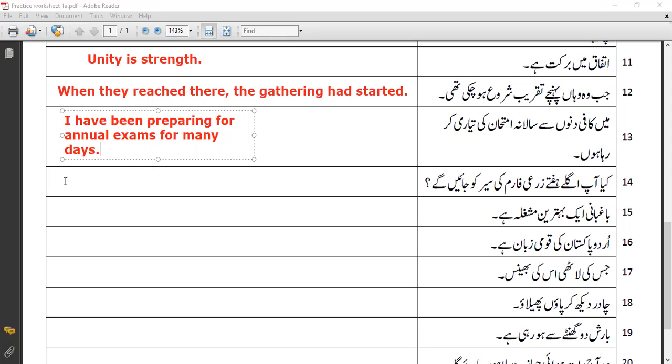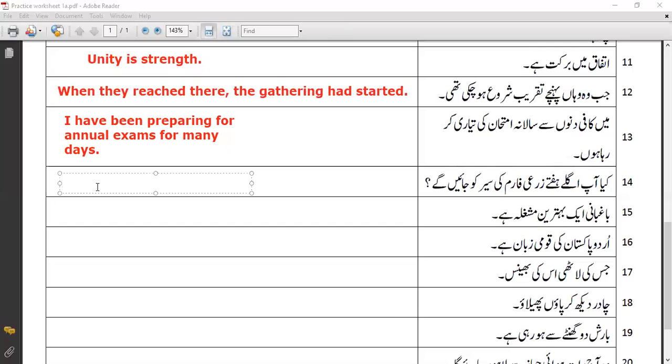Okay, now moving on to the next one. If I'm making any mistake, please raise your hand and let me know. क्या आप अगले हफ्ते ज़राई फार्म की सैर को जाएंगे? Now this is a simple future sentence, okay, but just be careful with the structure, the placement of the words, and the translation of the words here.